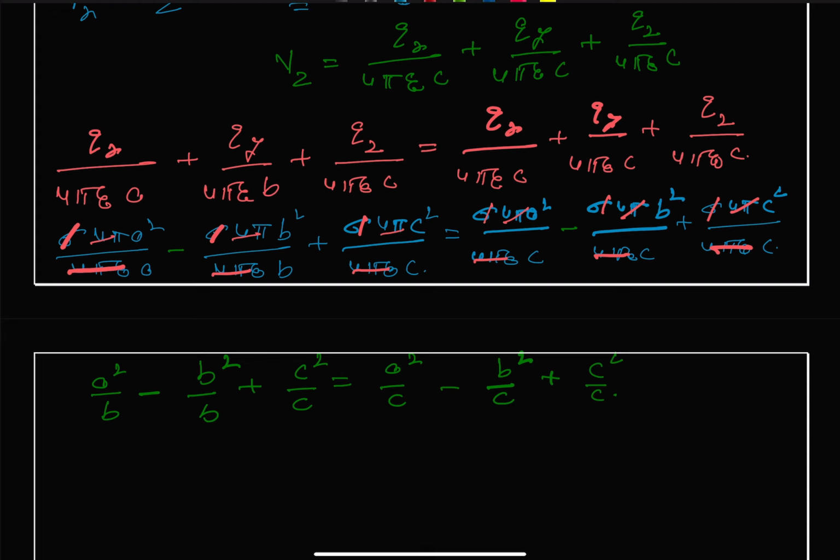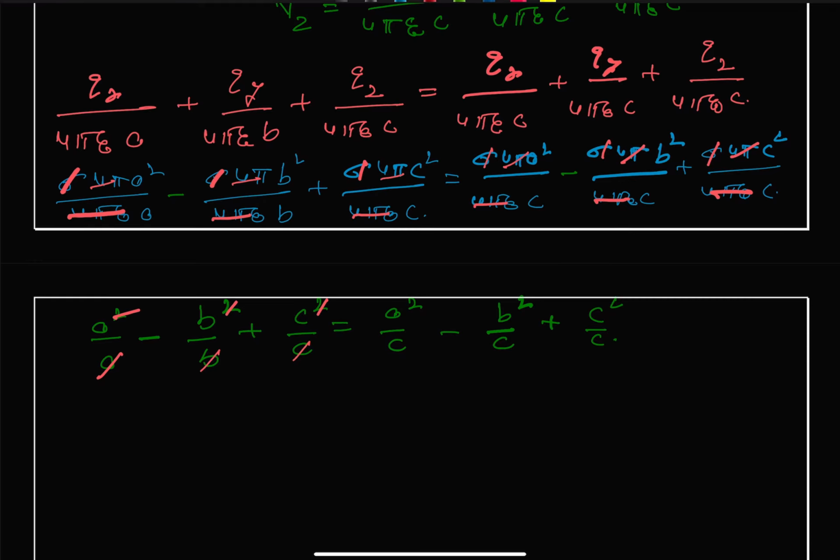And this will be our A. So this A square cancels with A square, B goes with B, and C goes with C. And we get this as A minus B plus C. And on the right side, we take C as LCM.